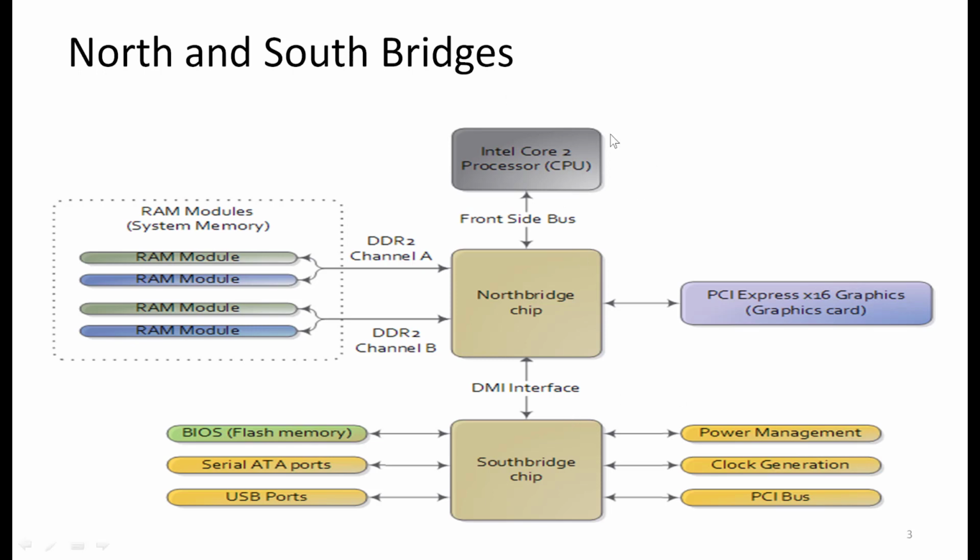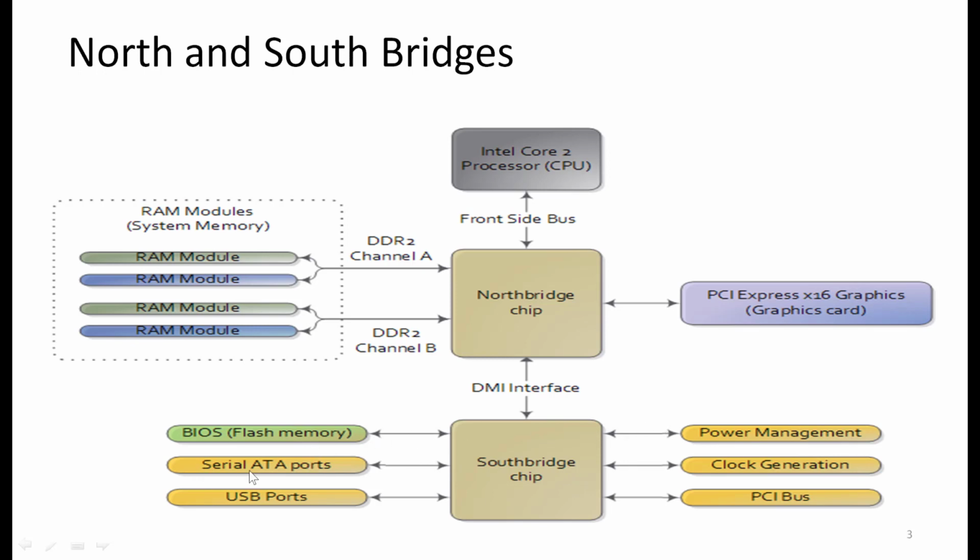We have the core. The FSB connects to the north bridge chip, which can go to the graphics card also. It will be connected to the DRAM using the buses, and it connects to the south bridge using the DMI interface, and the south bridge in turn manages many other IO operations.